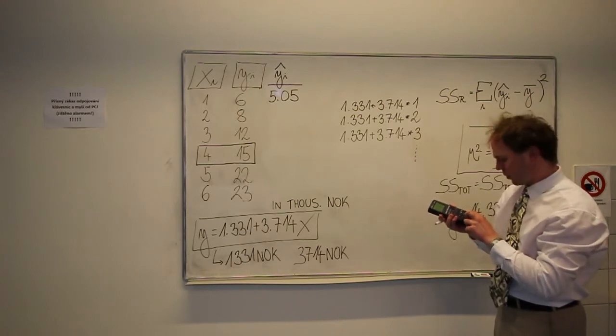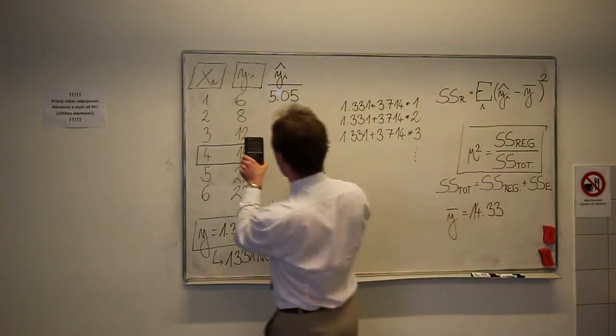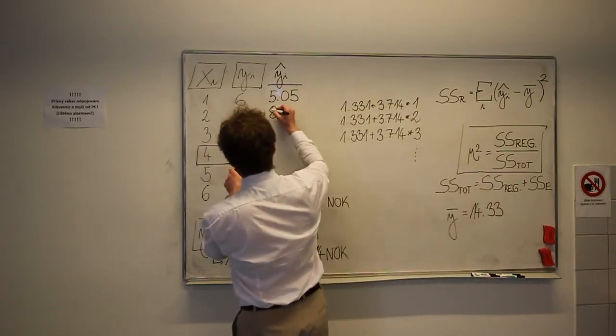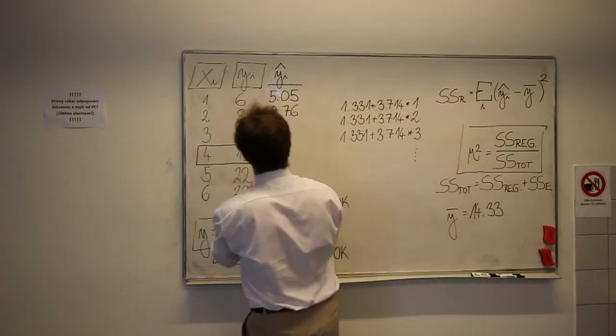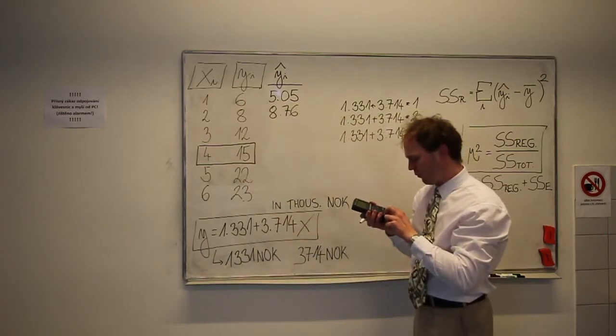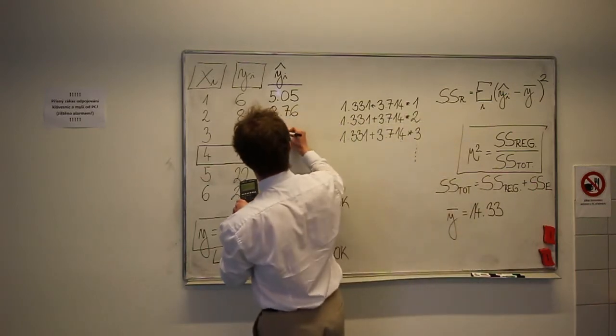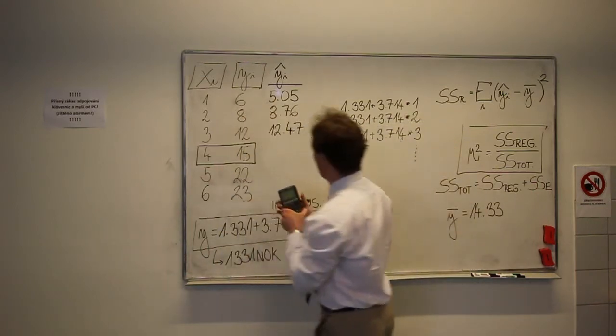1.331 plus 3.714 times 2 is 8.76. 1.331 plus 3.714 times 3 is 12.47.